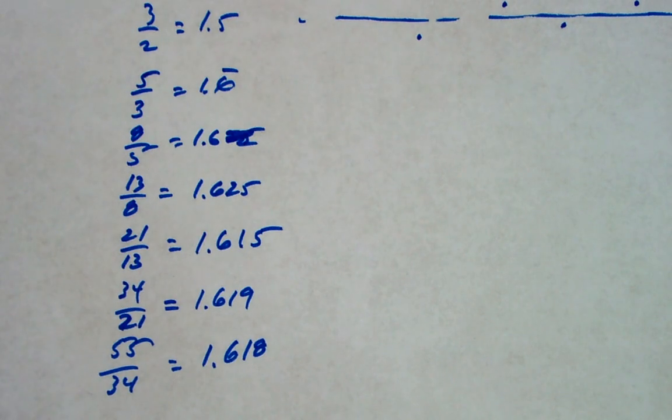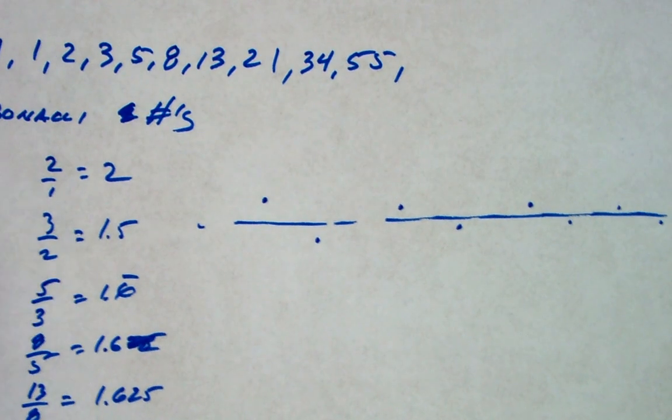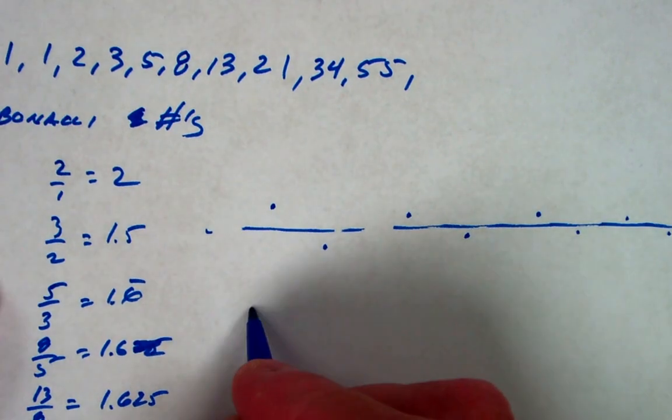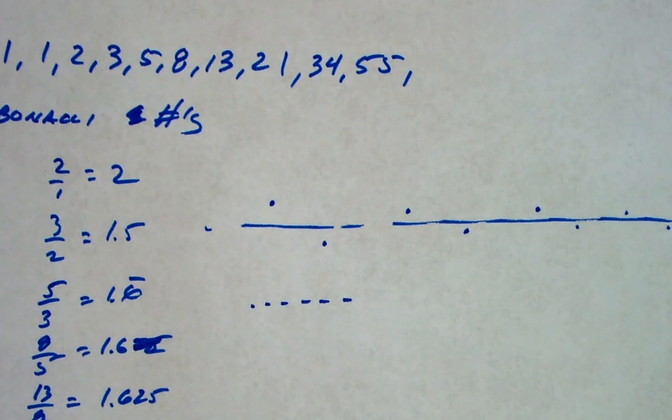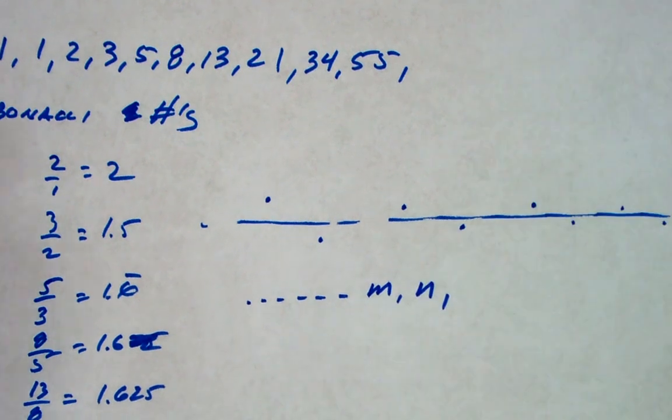I think I can fit it over here. So here's what I want to do. If I had numbers that are in the Fibonacci sequence, that one is M, the next one is N, what would the next one be?